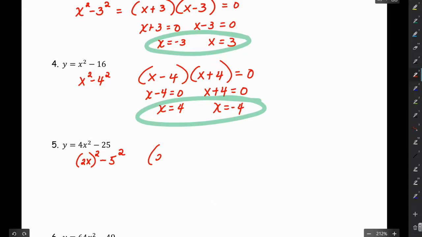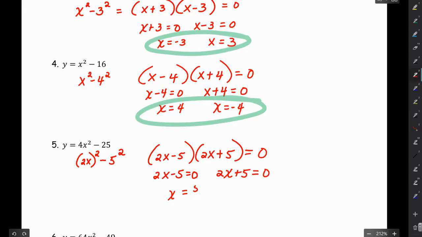So here we would have 2x minus 5, 2x plus 5. Solve for x, set each part equal to 0. We're going to get x equals 5 halves, and x equals negative 5 halves.